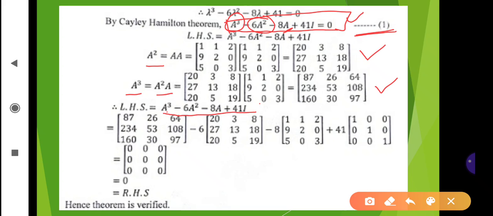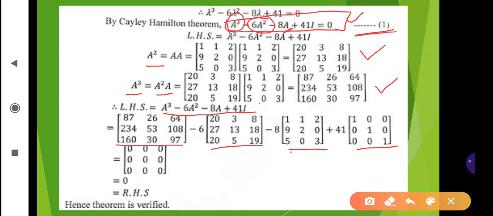Put the value of A cube, this is the value of A cube, minus 6 into the value of A square, minus 8 into the value of A, plus 41 into the identity matrix of order 3 cross 3, because the given matrix A is of order 3 cross 3, that is why here we consider the identity matrix of order 3 cross 3.